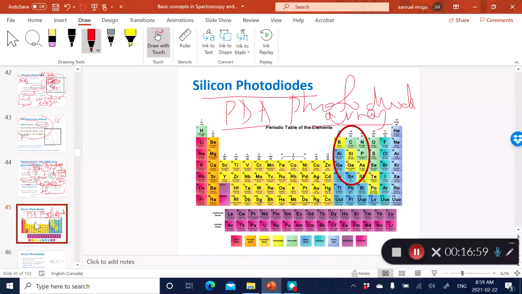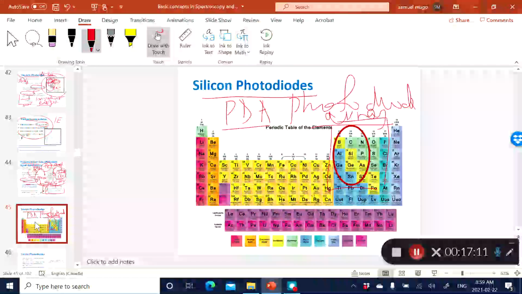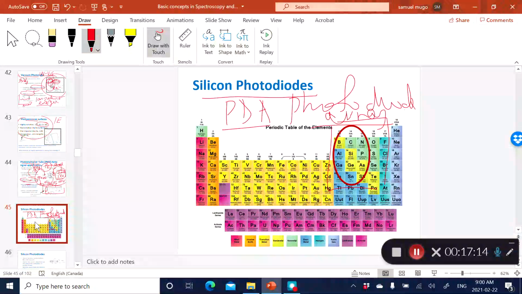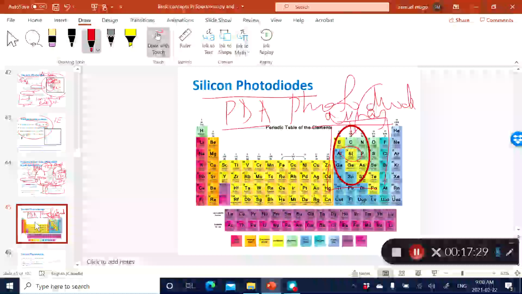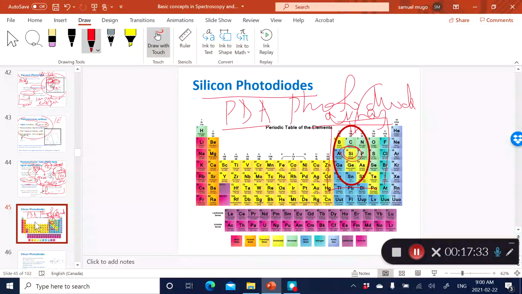And these types of detectors or photodiodes are based on this group of elements here, group 13, group 14, group 15, which have semiconducting properties, particularly group 14. And the most important one, as you would imagine, is silicon. Silicon is what is used to make the photocells and so forth. And in this case, we are using them to make the detectors or the photodiodes.